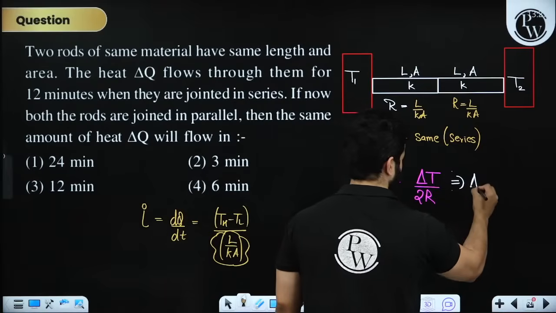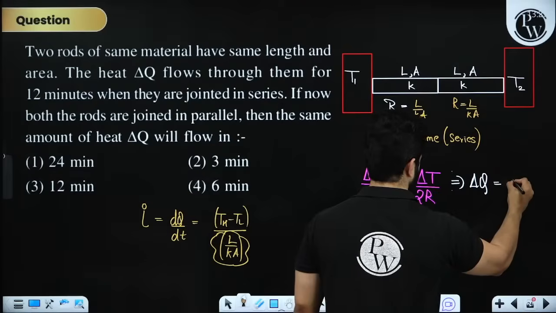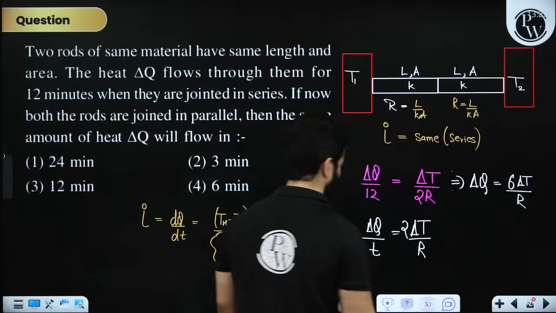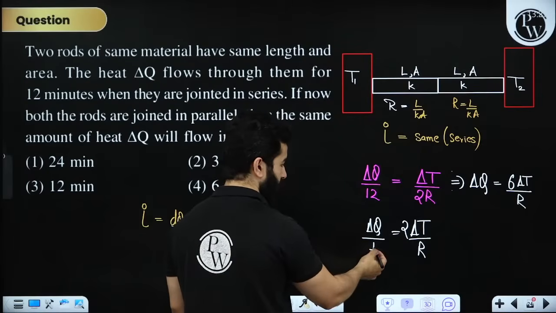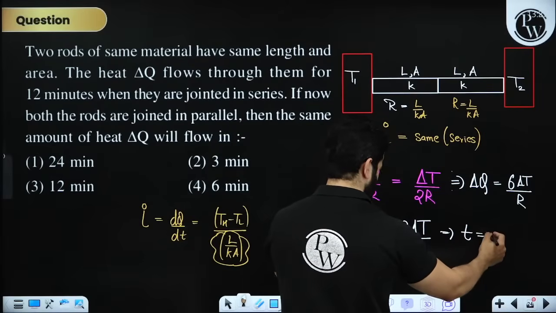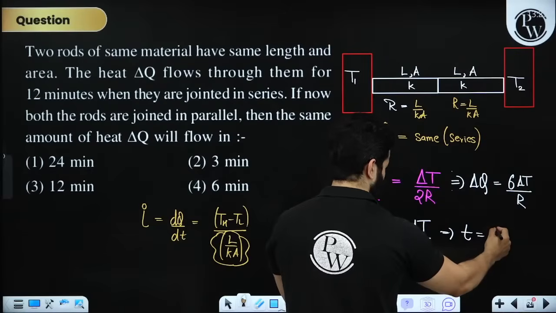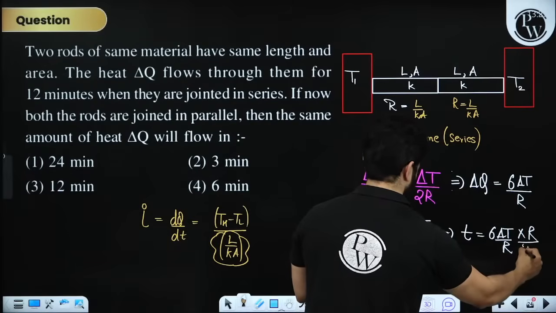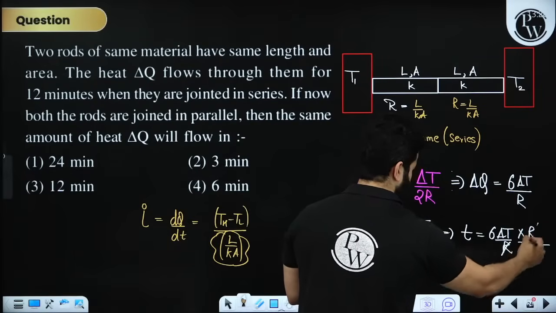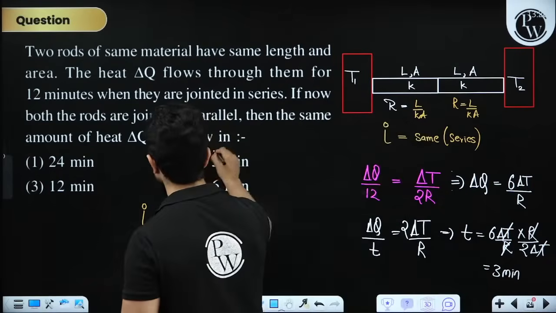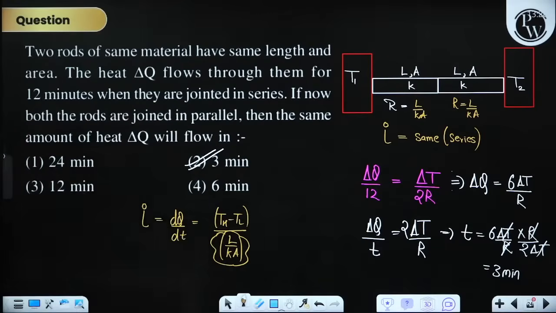So delta Q will be written as 6 delta T upon R. So we wanted to find out this time T. So T will be written as, dosto, please pay attention, delta Q, that is 6 times delta T upon R, times R divided by 2 times delta T. So R gets cancelled out, delta T gets cancelled out. 3 minutes is going to be the answer. Please pay attention. Ask me if you have any doubt. This is going to be the correct answer. 3 minutes.